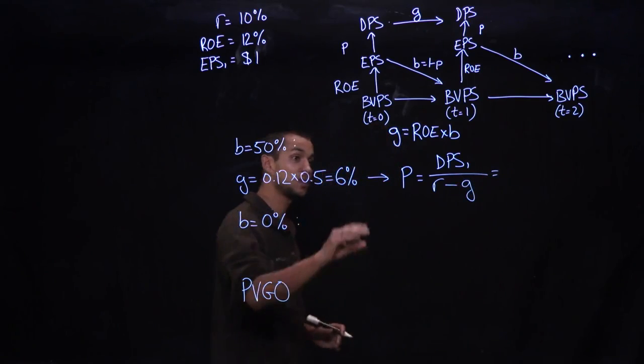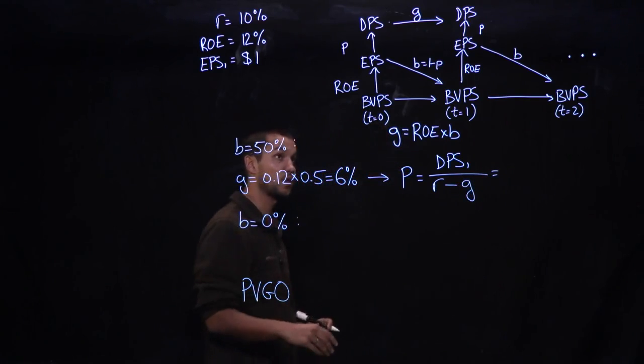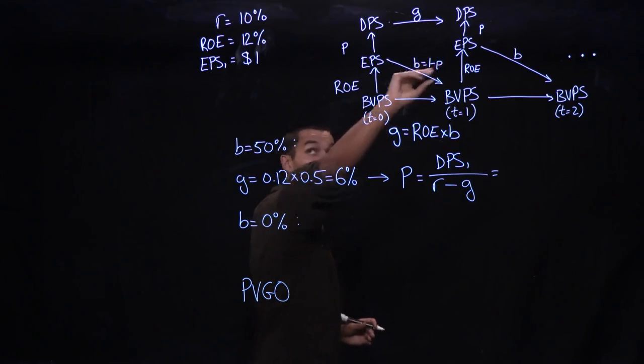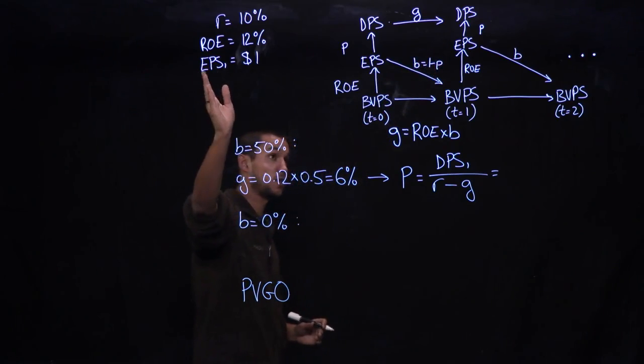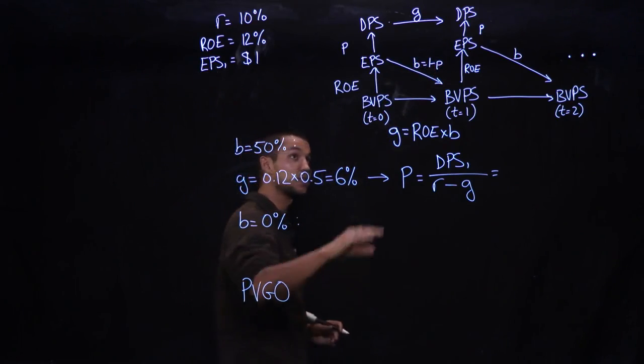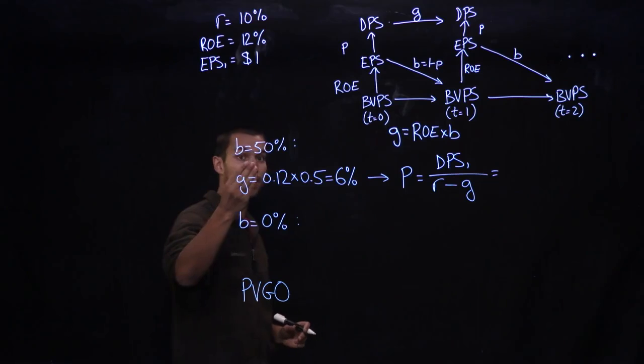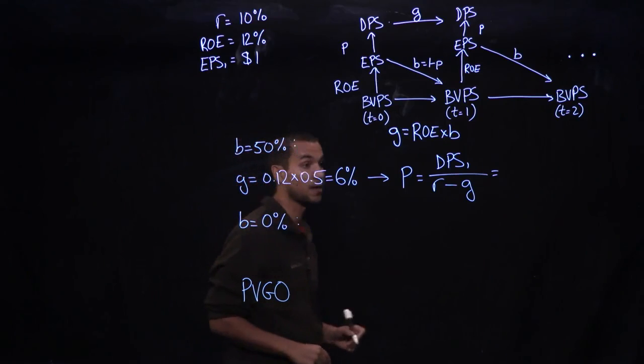And note that the dividends per share in period 1 is going to be equal to the earnings per share in period 1, which is forecasted to be $1 per share, times the payout ratio, which is 1 minus the plowback ratio, so 0.5.